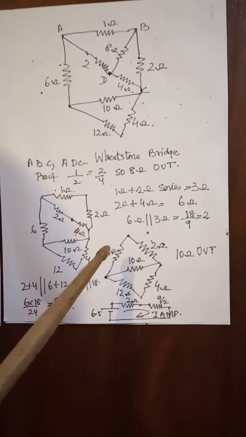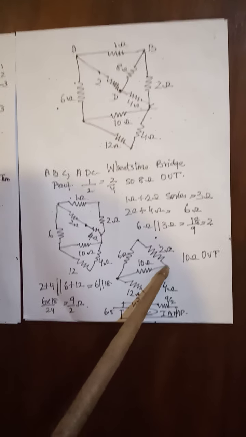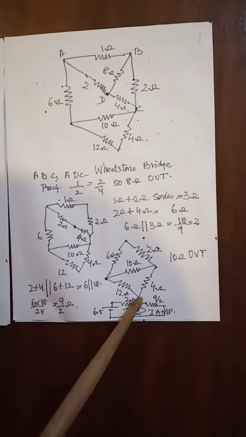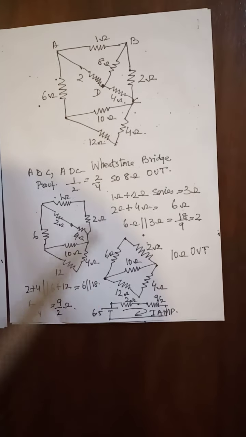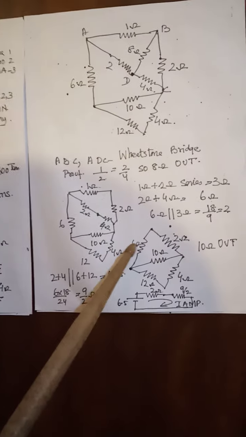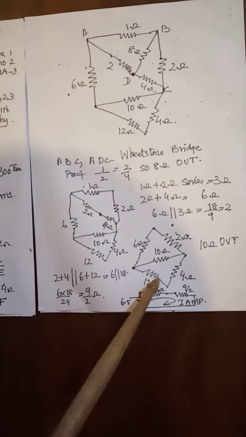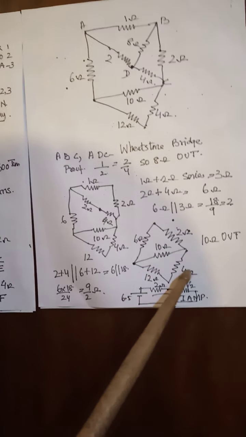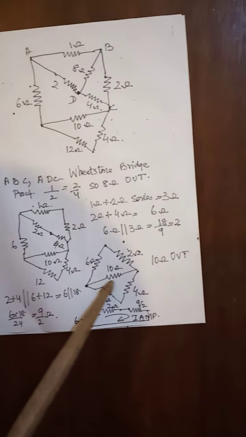So now we come here, 2 ohms, 6 ohms, 10 ohms, 4 ohms and 12 ohms. Very lucky again. See, these people have made the circuit in such a way that you again get a Wheatstone bridge. 6 by 12, P by Q, R by S. So leave 10 ohms. 10 ohms is no use now.